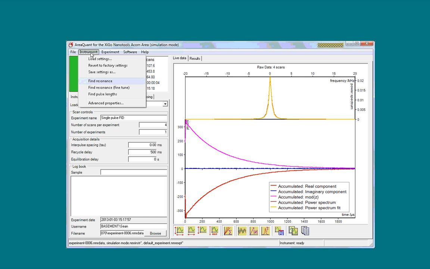Now, the instrument has this fine resonance fine-tune feature. And the difference between that fine resonance fine-tune and the ordinary or the usual find resonance algorithm is that find resonance will work when you're far away from the resonance frequency.